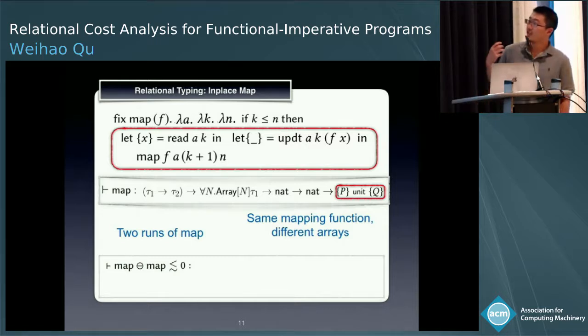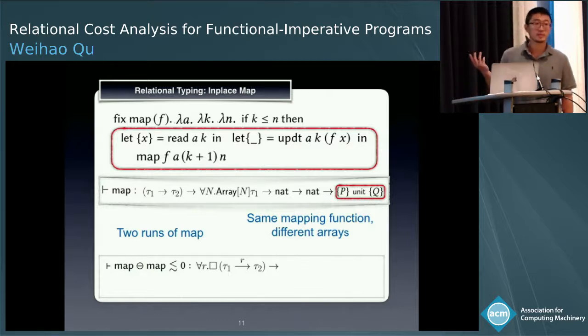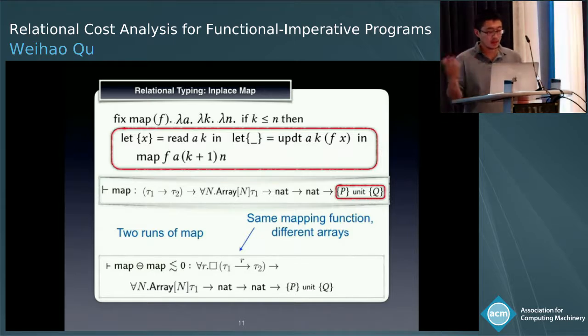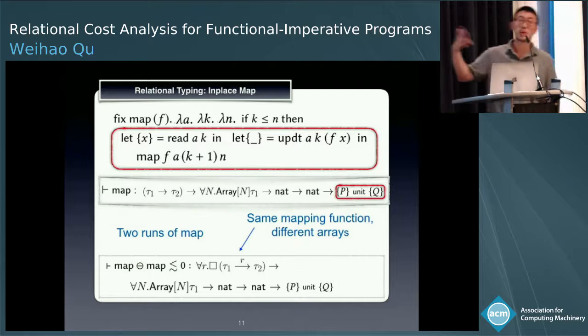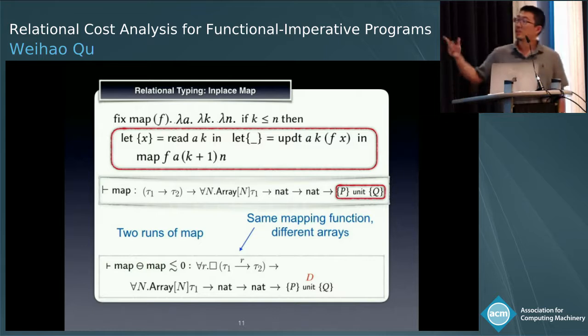First of all, comparing the two same functions incurs no relative cost. And here we have a box, which is a refinement, enforcing a pair of identical values. So in this case, it will give us the same mapping functions. And then the relative cost of executing these two map functions on the two runs will appear as the annotations in the monadic type.